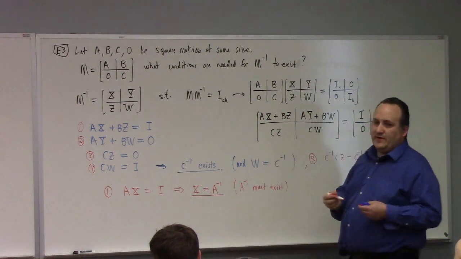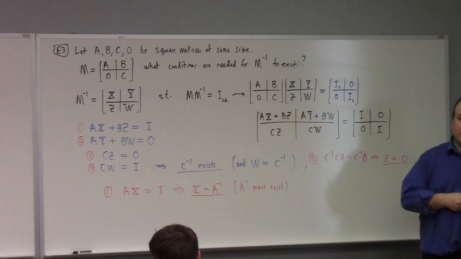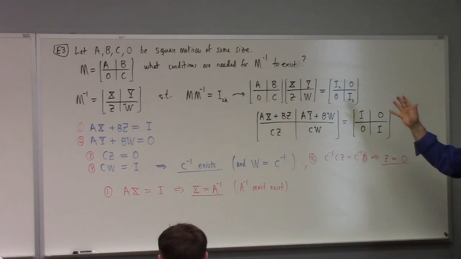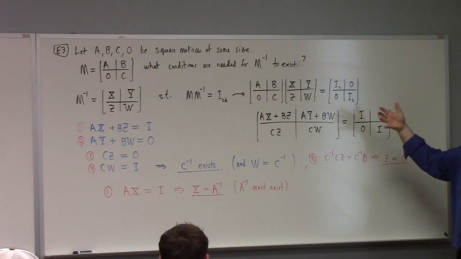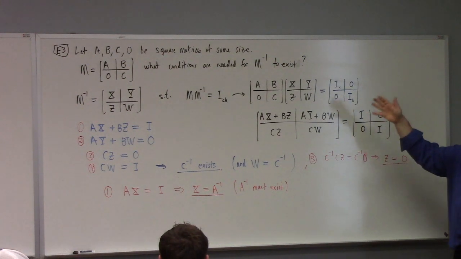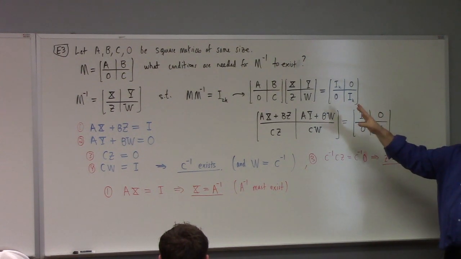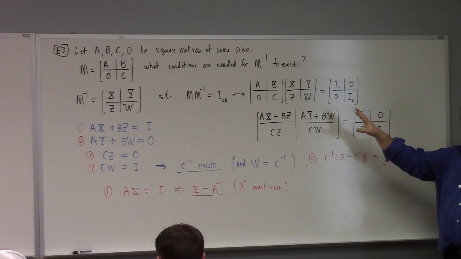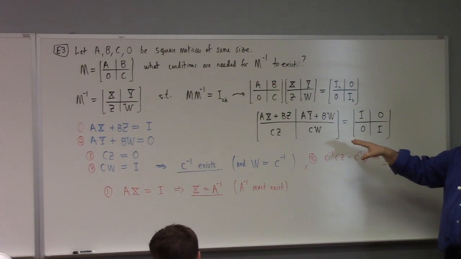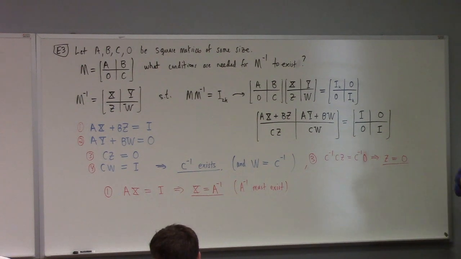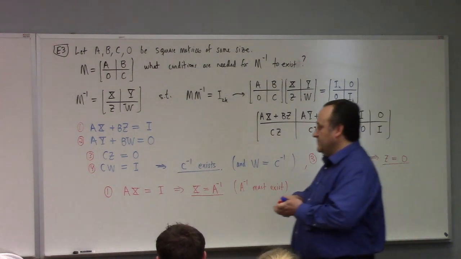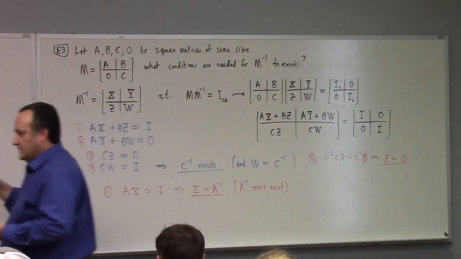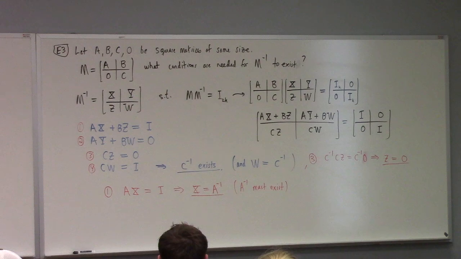In order for this block matrix to have an inverse, what do we need to know about the blocks? Apparently the A block and the C block both must be invertible by this algebra. And now what equation do we have left to use?